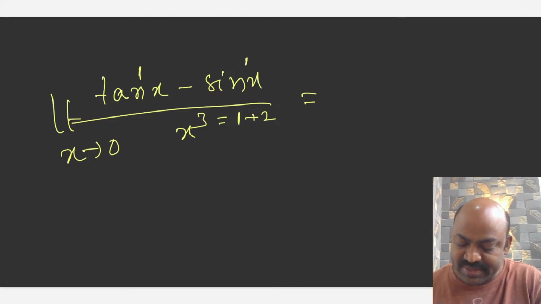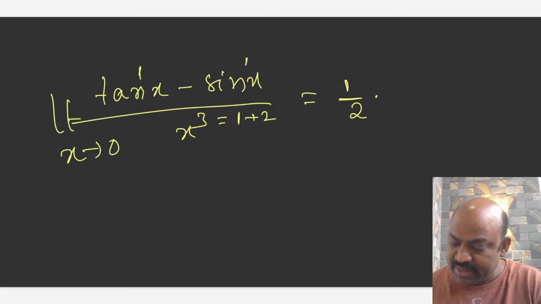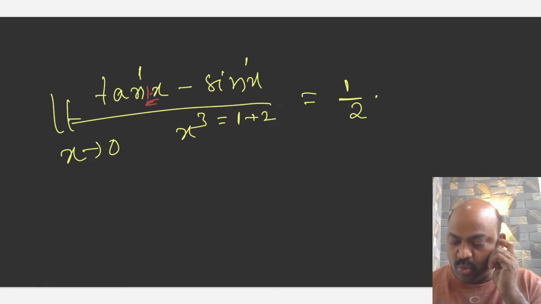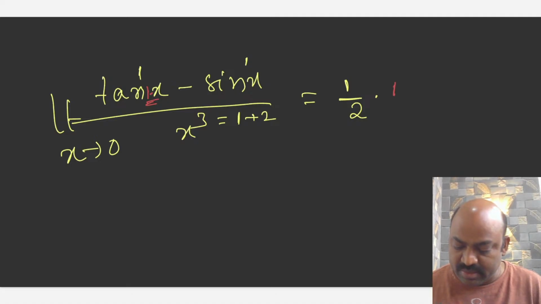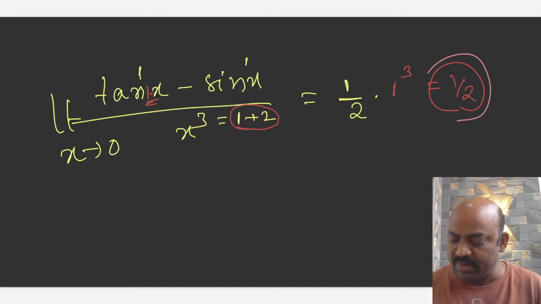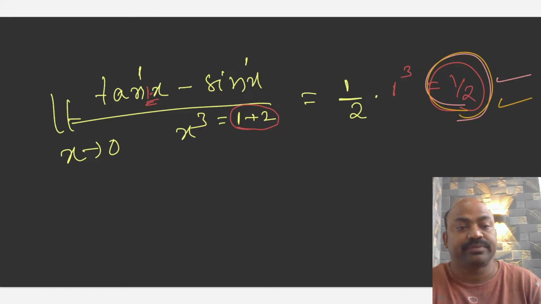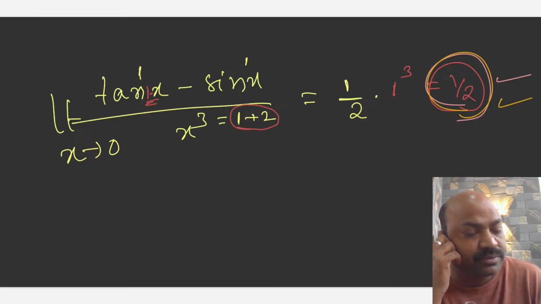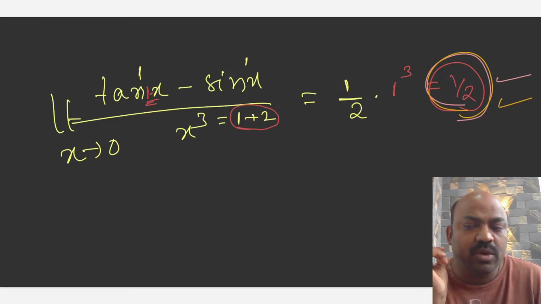So our answer is n by 2 into k^(n+2). In this formula, k is what? 1 only. So the answer is 1 by 2. Direct question, right?